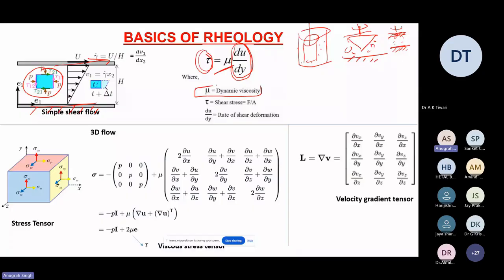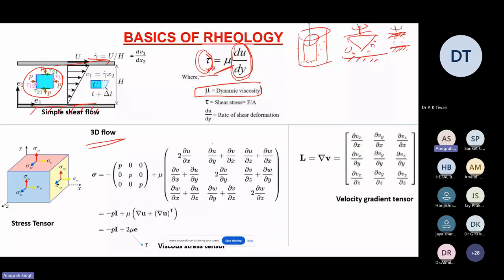Now, if you have deformation in 3D, what will you have? So this is just one component where you have deformation in one direction, and then you have the stresses. This tau you can call tau_yx, where x is the flow direction and y is the gradient direction, right? But if you have 3D flow, then how many components will you have? Stress is force per unit area, right?